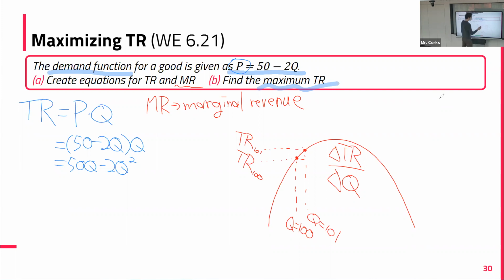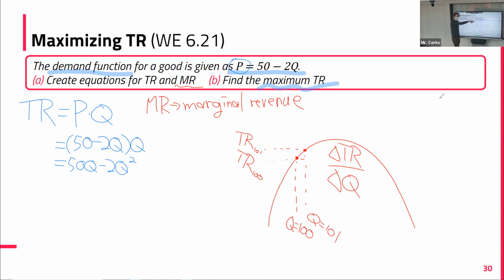The mathematical relationship of slope perfectly matches our practical definition of marginal revenue. So the marginal revenue is the slope of the original function, because the slope says if x goes up by 1, how much does y go up or down by? And marginal revenue is also exactly that thing.